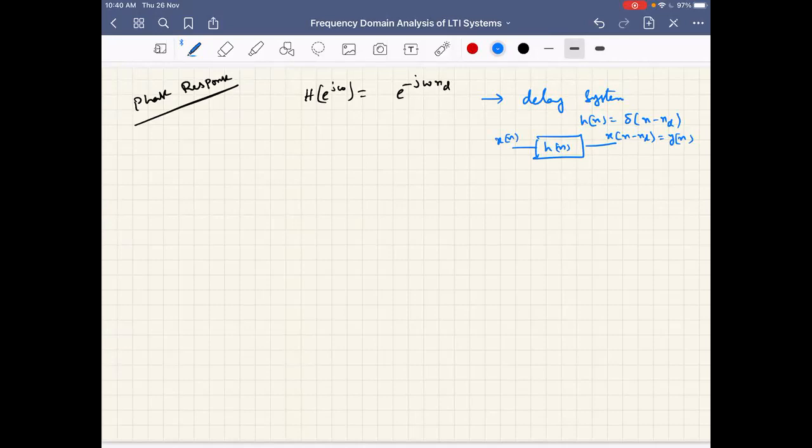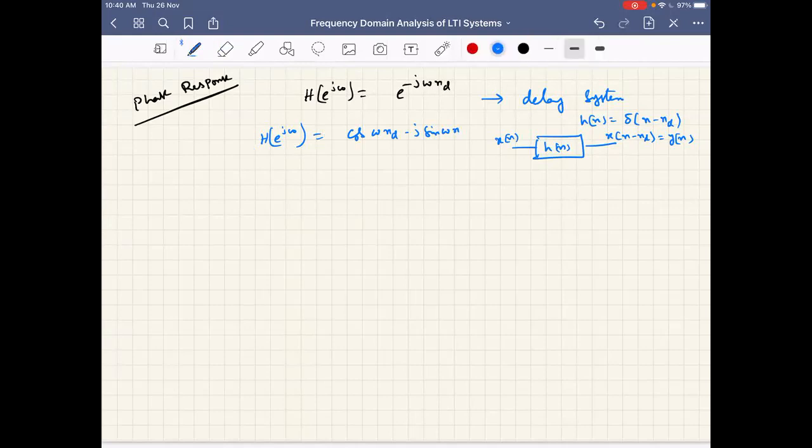So what is phase response? Phase response is the angle of H of e power j omega. You can write this as cos omega nd minus j sine omega nd.